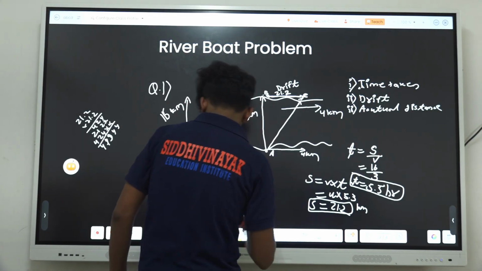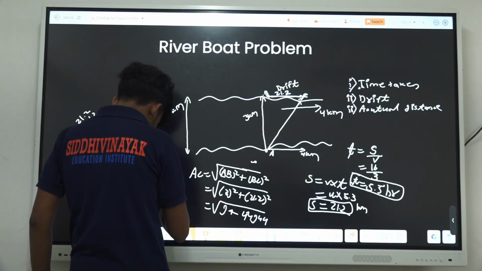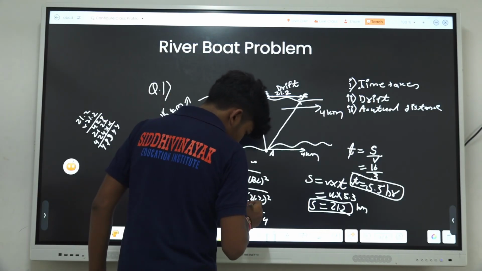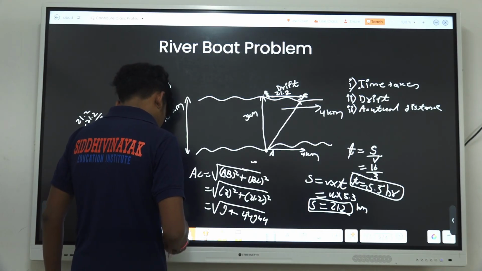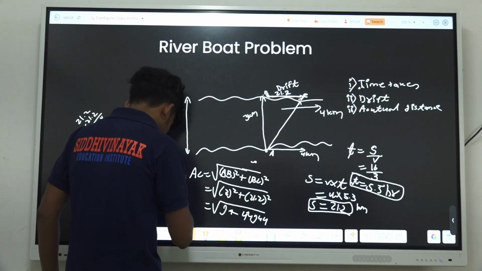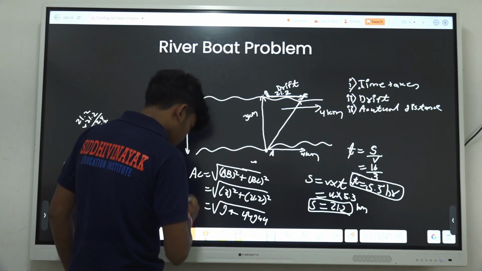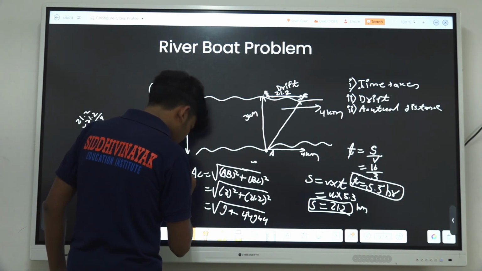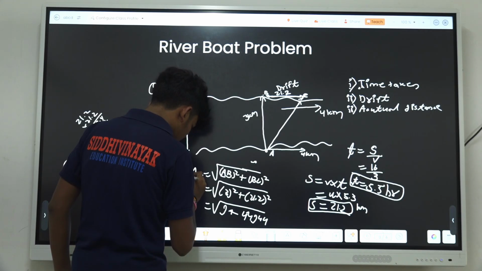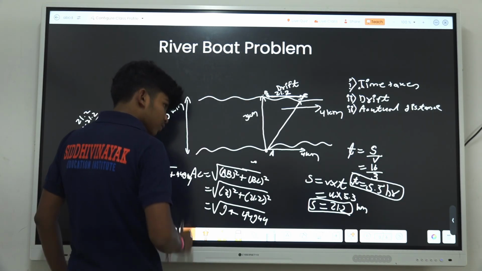So the AC distance will be the root of 9 plus 449.44.